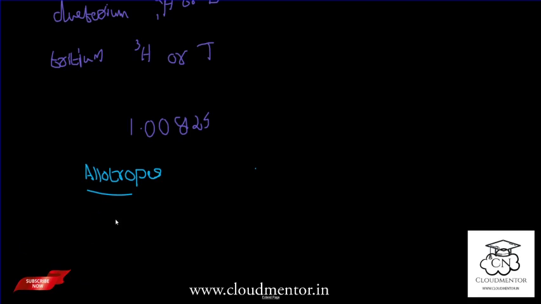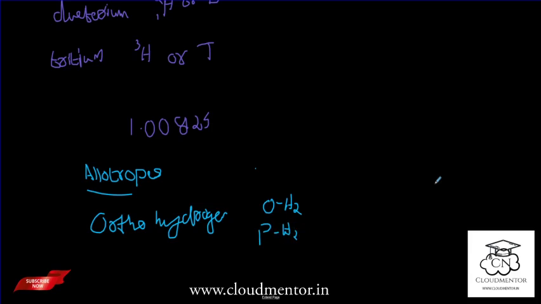Orthohydrogen is denoted by oH2, and parahydrogen by pH2. Similarly, ortho and para deuterium are oD2 and pD2, and ortho and para tritium are oT2 and pT2.